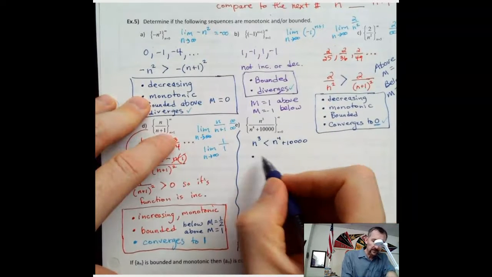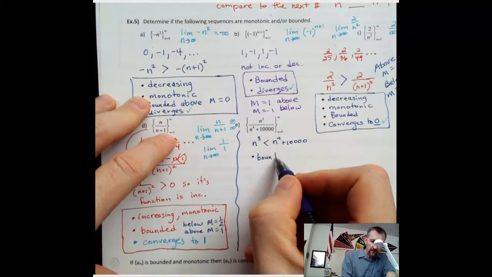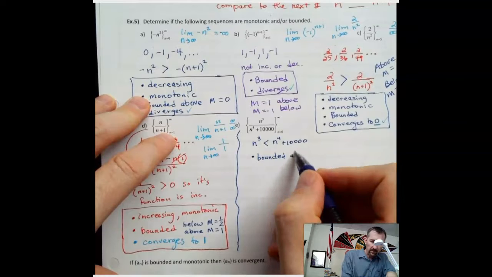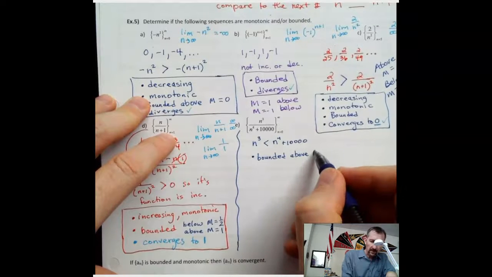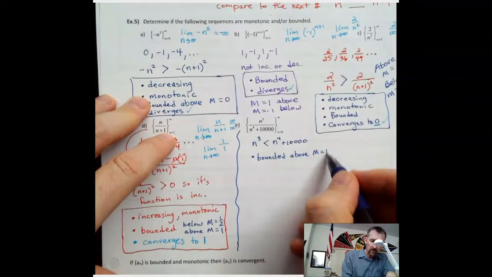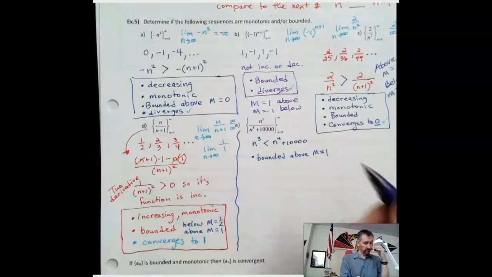So it's bounded above by m equals 1. It has to be less than 1.